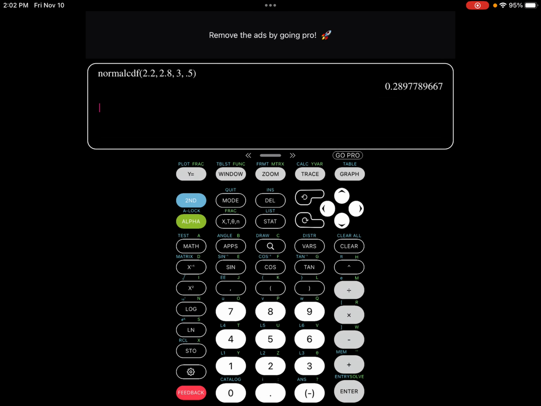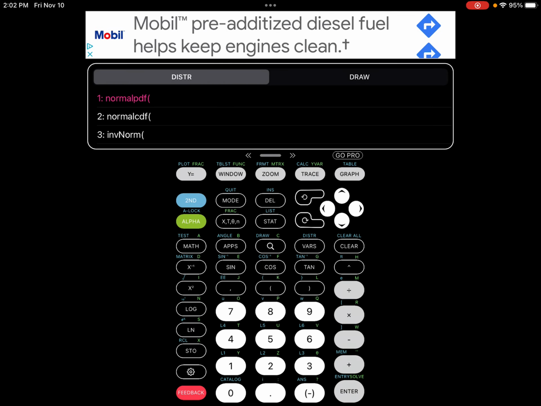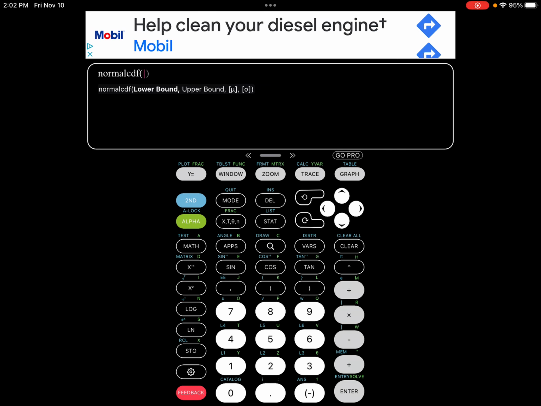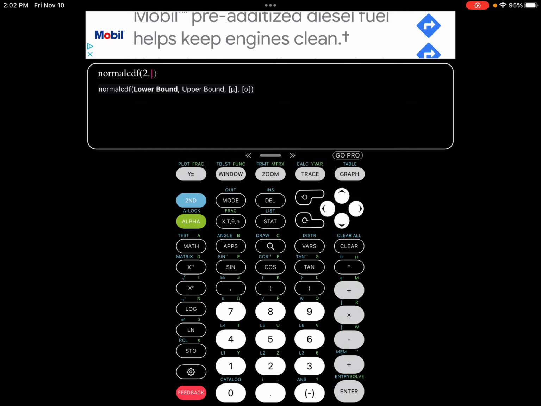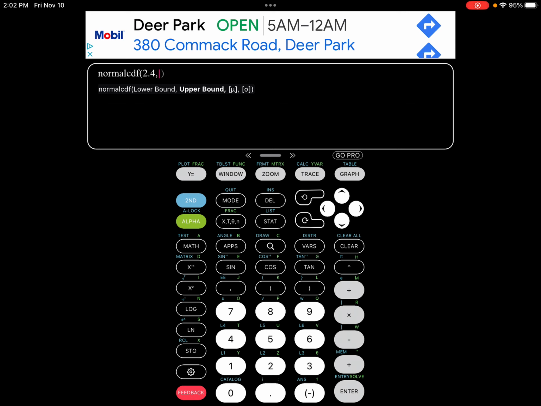Let's take a look over here. So let's clear this off. We'll hit second, and then the distribution function. We'll find normal CDF. Lower boundary is going to be 2.4, comma. The upper boundary is going to be infinity.